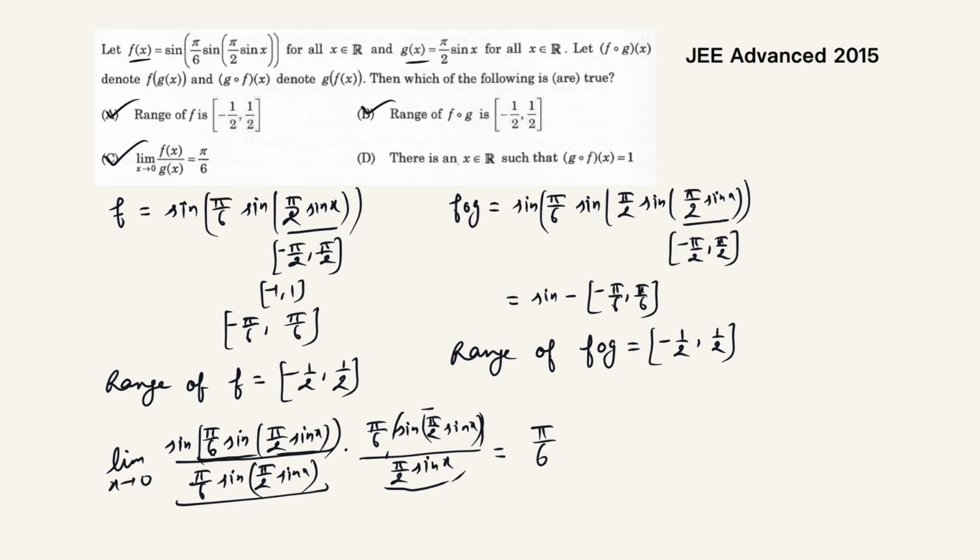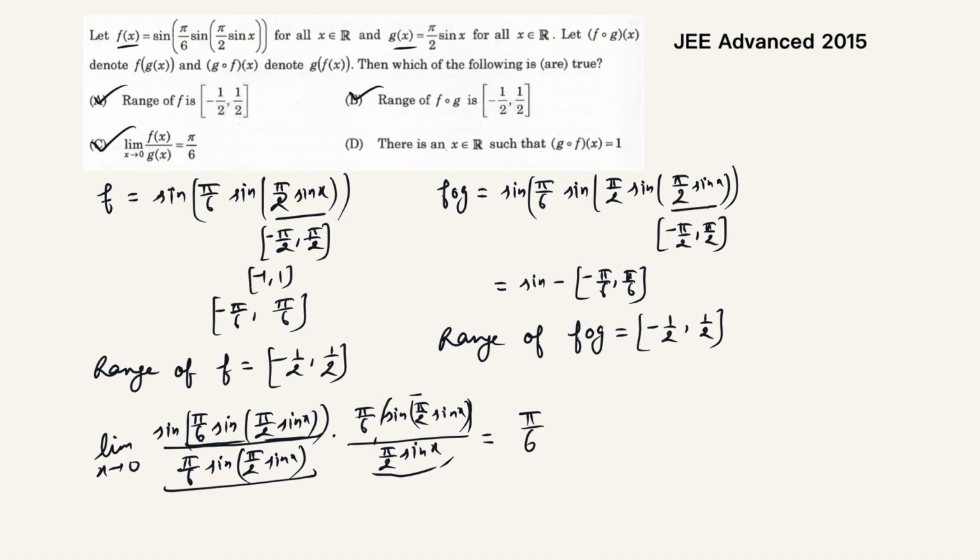Option D says that there is an x such that g of f is 1. G of f is pi over 2 sine of fx. And this has to be 1, which means sine of fx should be 2 over pi.